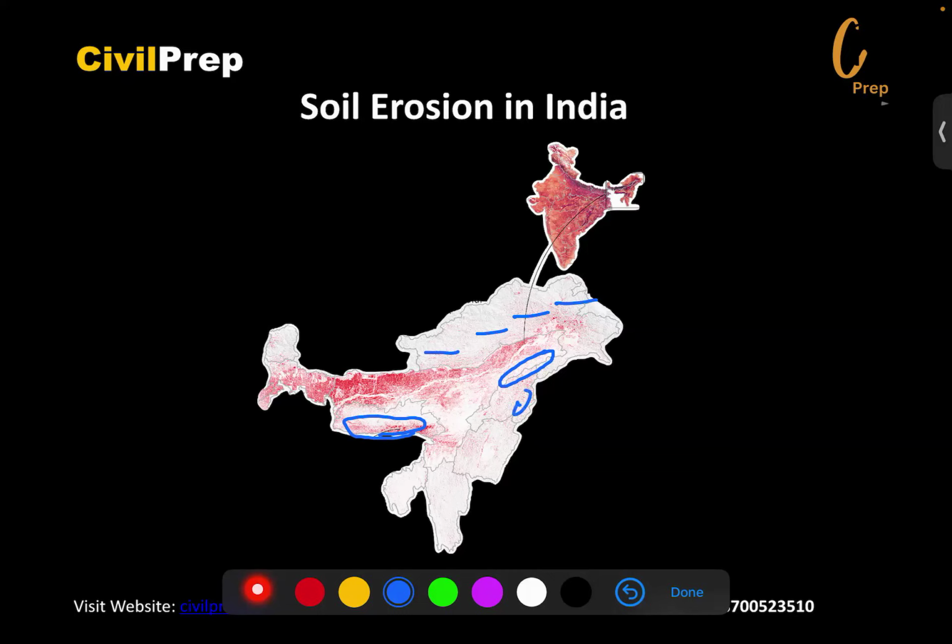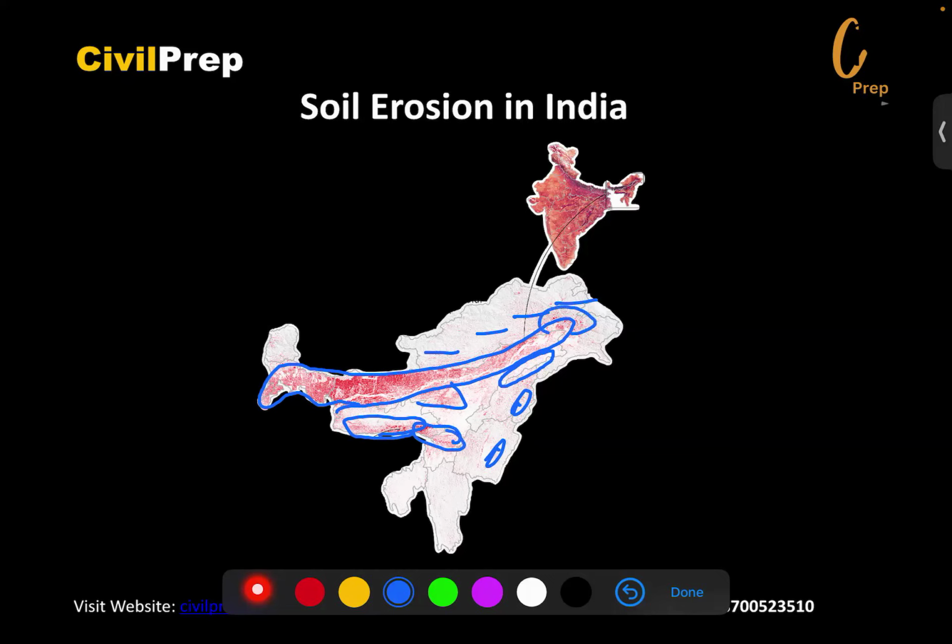Then we have the Naga Hills and Mizo Hills in this region. So here we see that the majority of the soil degradation is taking place in the plain region of Assam, Meghalaya, and the northeastern part of India. This is also a region where we see very high soil degradation taking place.